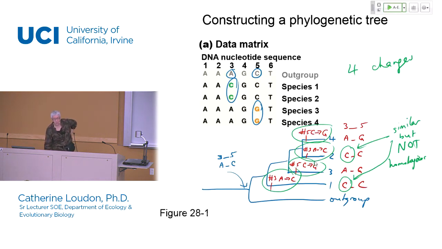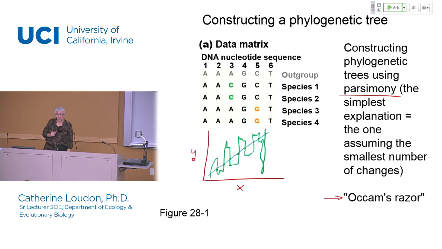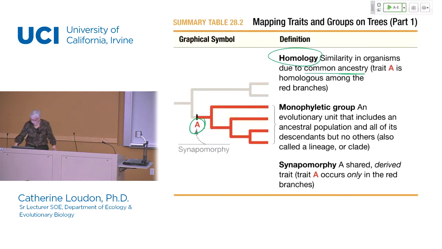In fact, this is a result of two completely independent evolutionary events, each of which independently generated C at position 3. So the phylogenetic tree is incredibly important as a determinant for evaluating whether or not something is homologous. So back here, in this particular case, this is clearly homologous.